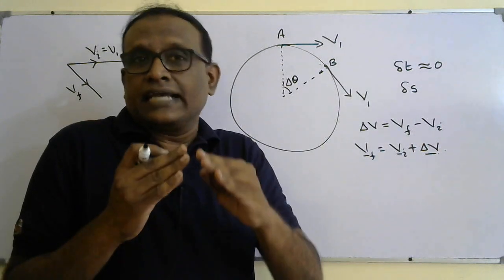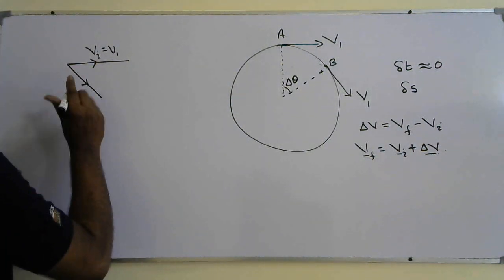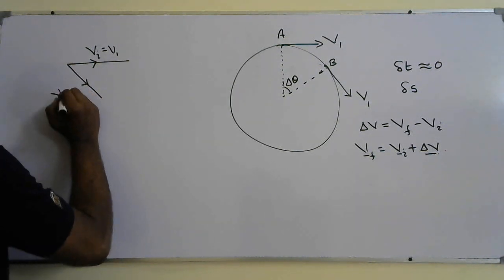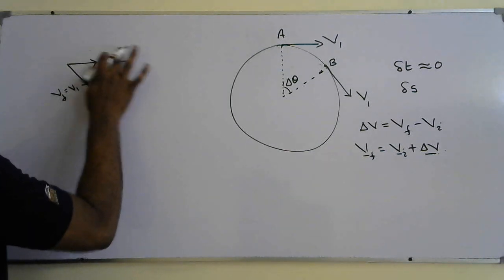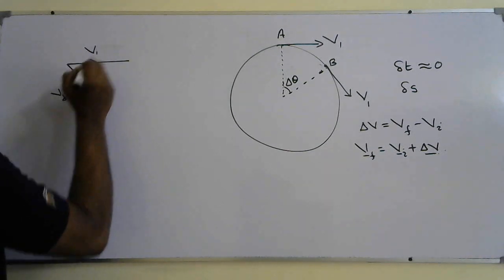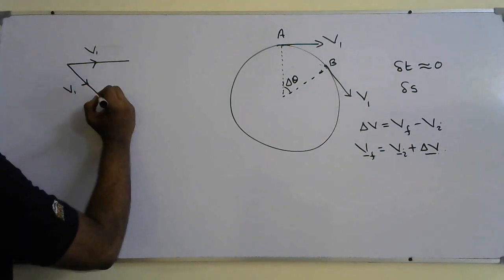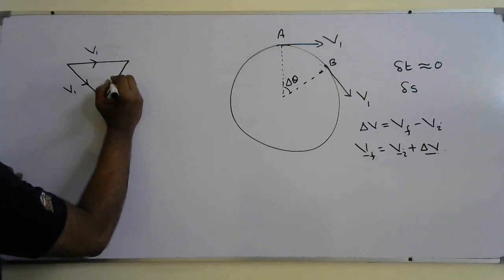So I want to find the acceleration at an instant. That's the purpose of it. So Vf is equal to V1. So I can remove this Vi now because I'll put it as V1. So the change in velocity, the direction of change in velocity is along this way.